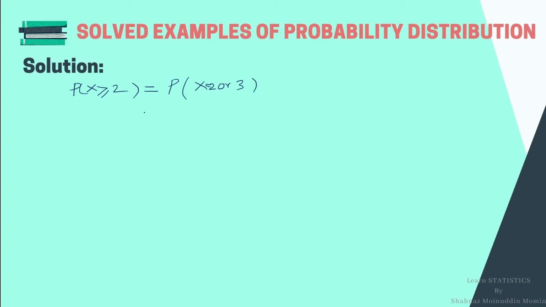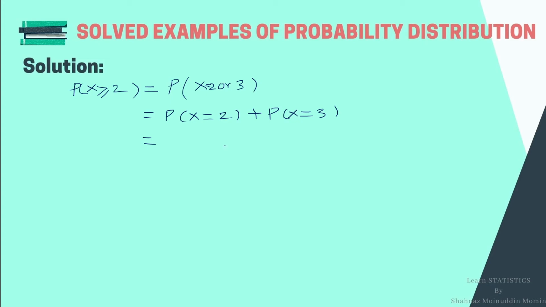So it is probability x equal to 2 plus probability x equal to 3. Substitute the values of probabilities from the corresponding probability distribution table.